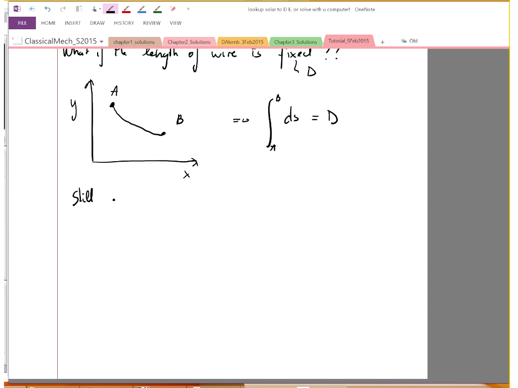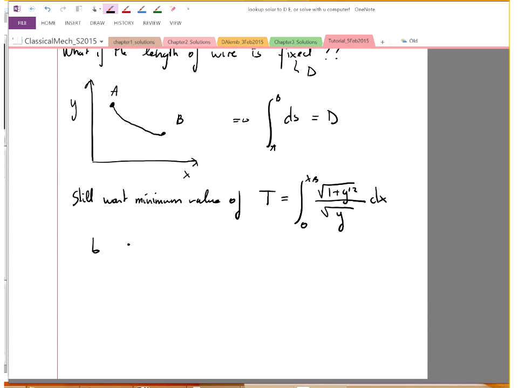So we still want the minimum value of the integral from xa, we said from 0 to xb, of square root of 1 plus y prime squared over square root of y dx, but subject to the integral of ds equals D.